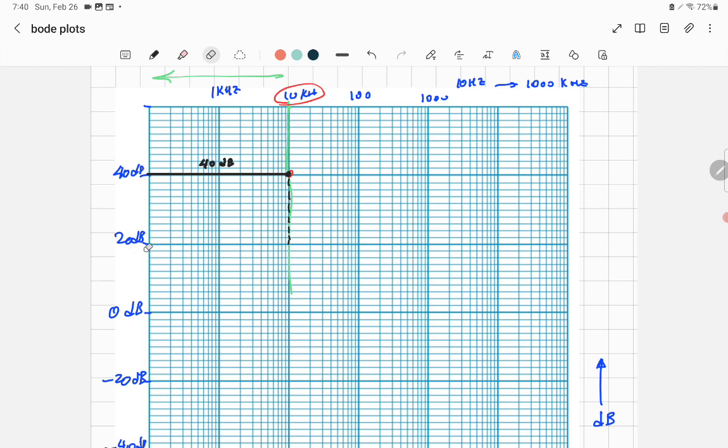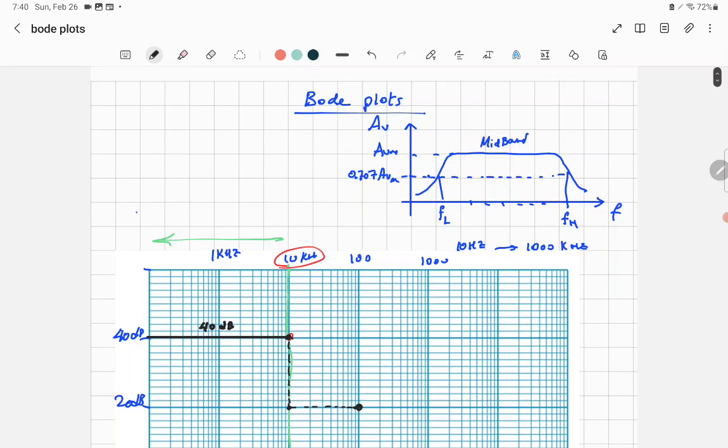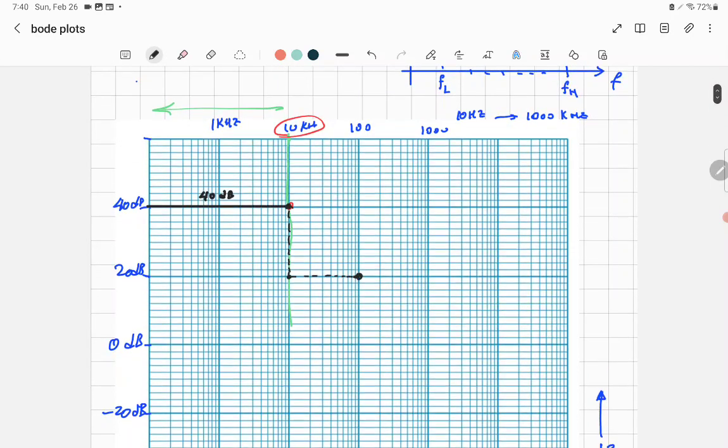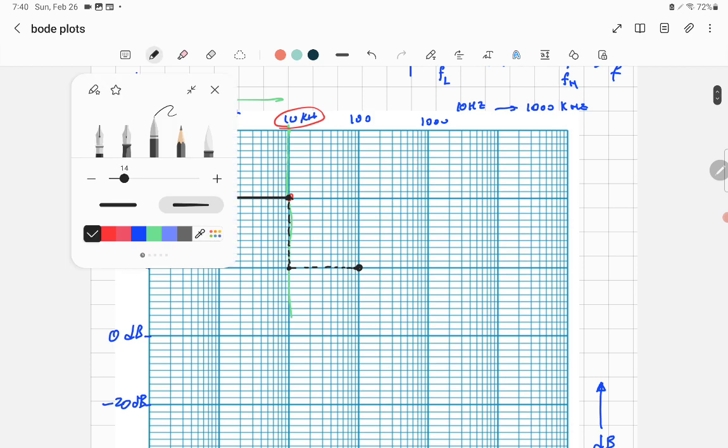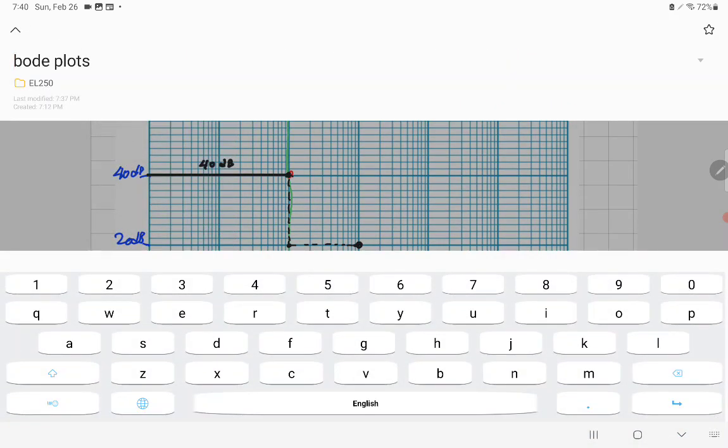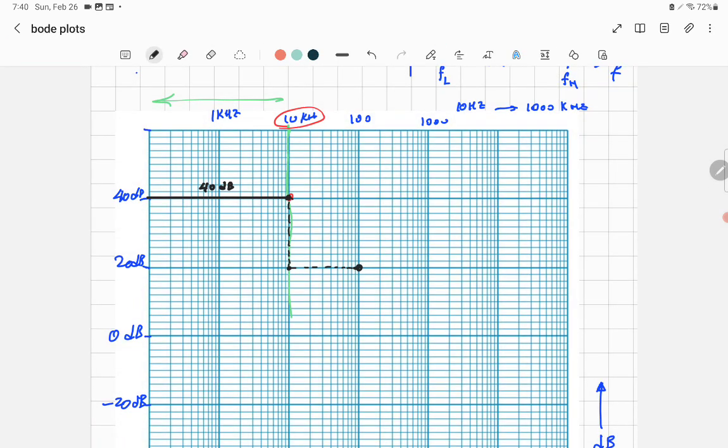So I get down 20, and then I go 1 decade, moving horizontally to the right. This is 1 decade, right? So I got the second point here. I have now the 2 points. If you connect them, you will have a straight line of slope equal to negative 20 decibel per decade. So I will go ahead and connect.